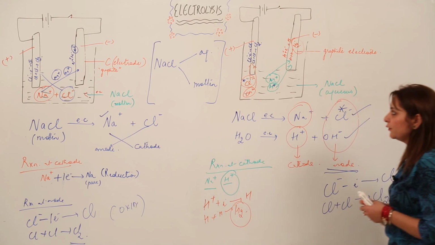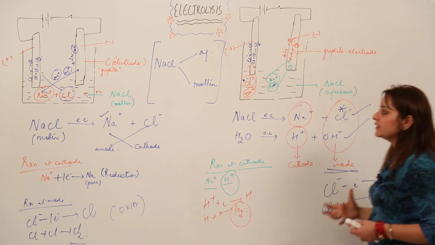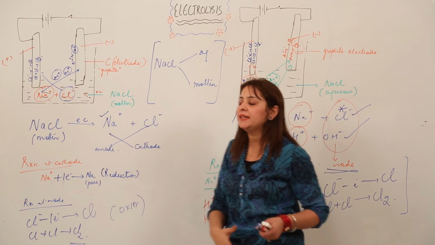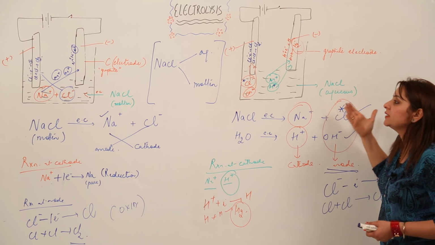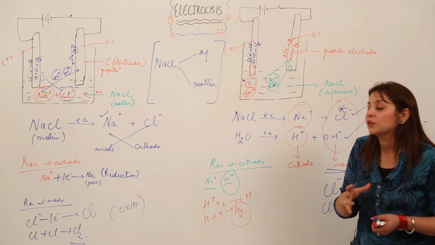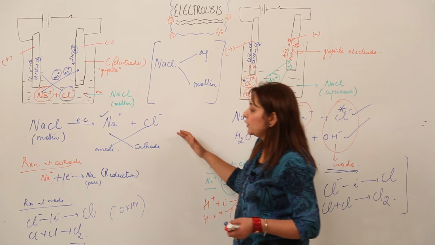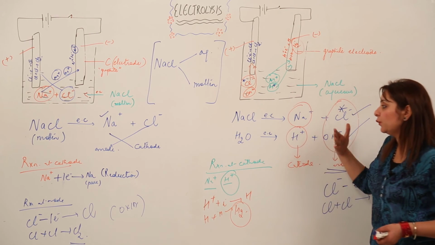So here is a difference which you can easily see: the difference between the electrolysis of molten NaCl and the electrolysis of aqueous NaCl. In the molten case there was no water, while in this case water was present.